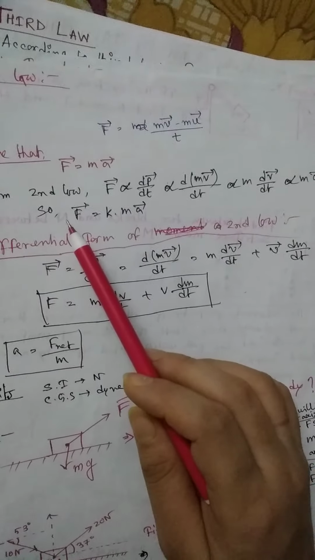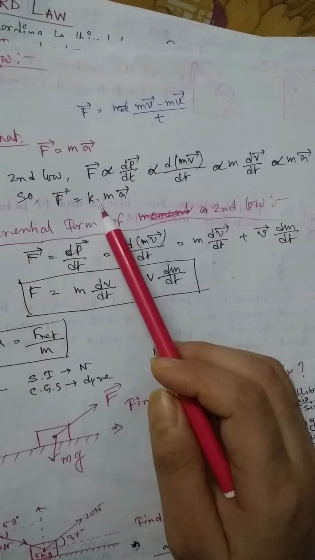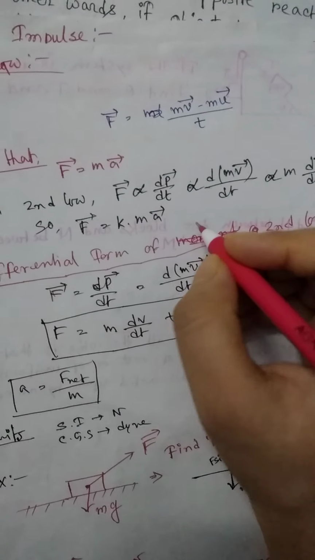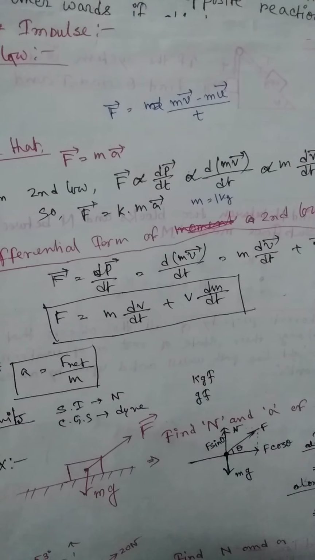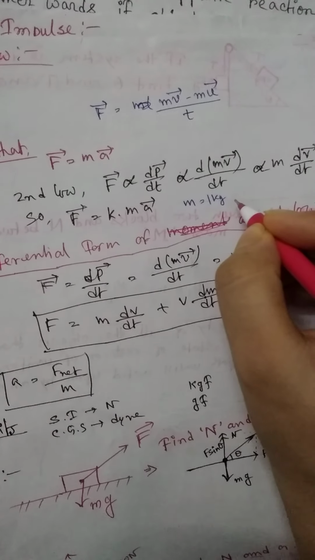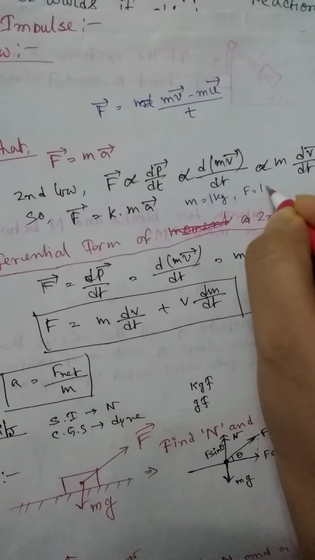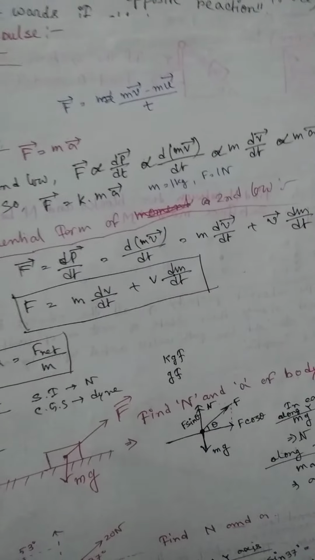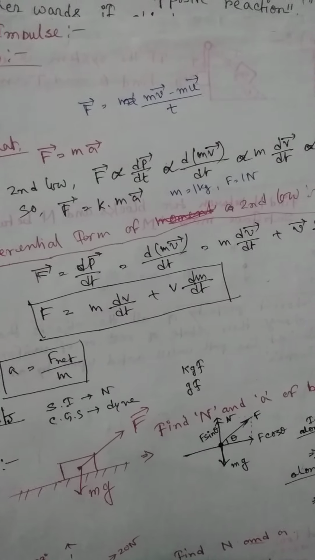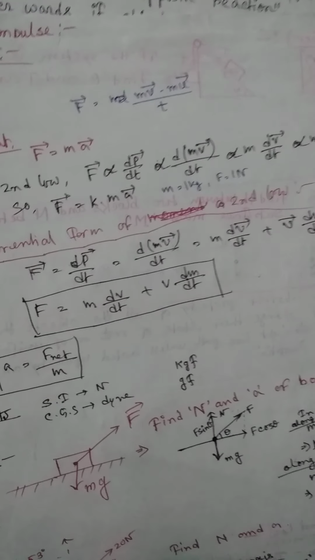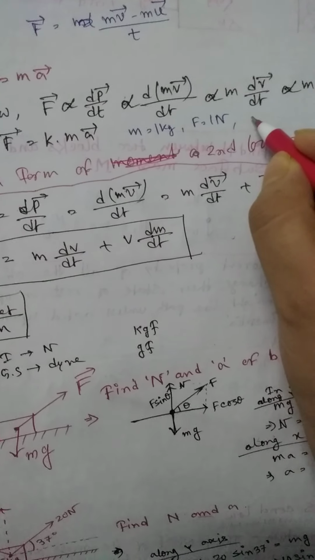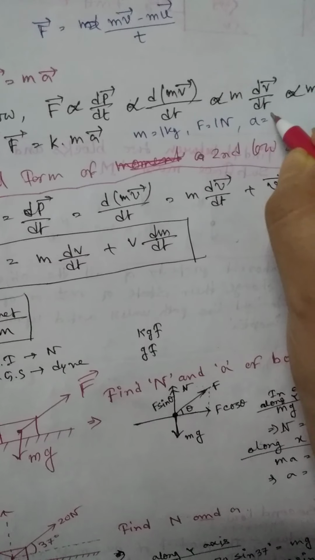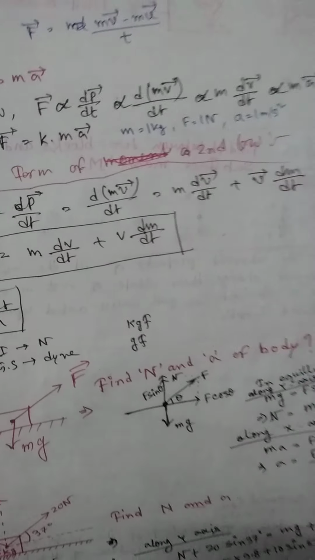Okay, now F equals k into m a. k is the proportionality constant. This is experimentally proved that if we take m equals 1 kg and force equals 1 newton, if we give 1 newton of force on 1 kg mass, then we observe that this 1 kg mass gets 1 meter per second square acceleration.